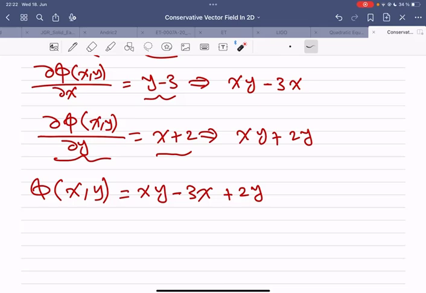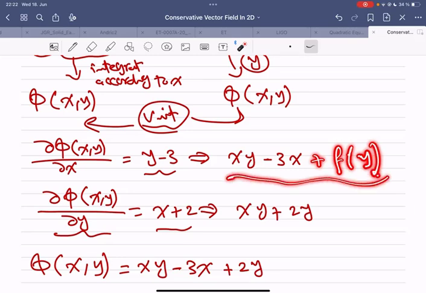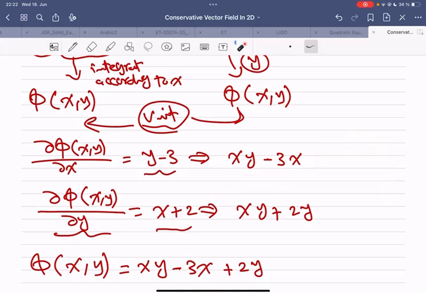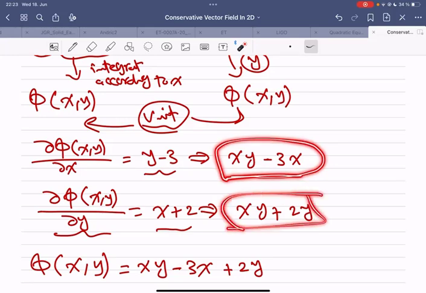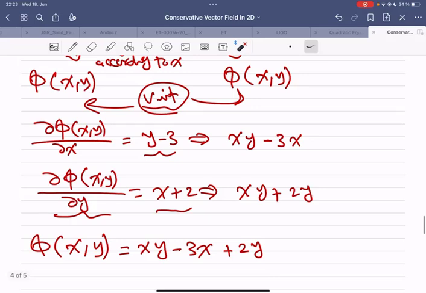Instead of integrating d phi xy by dx according to x and putting here f function of y, then differentiating this to find f, you can do it this way. So you have two methods to solve for phi.